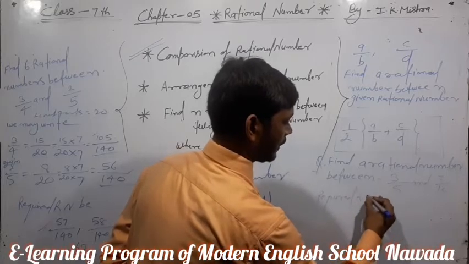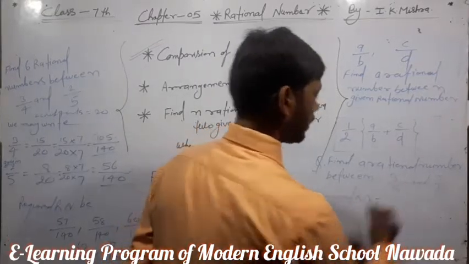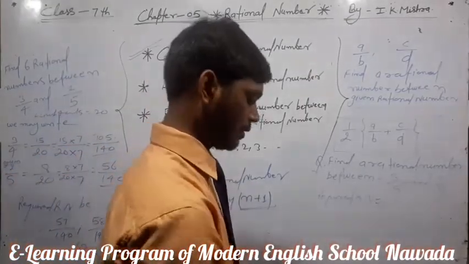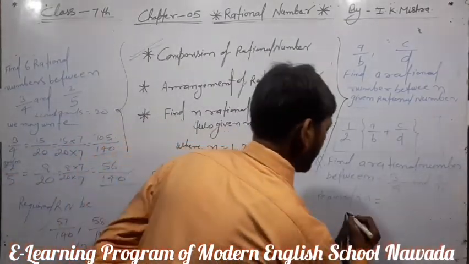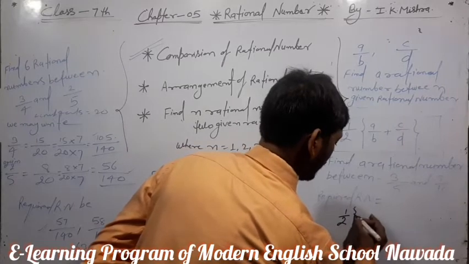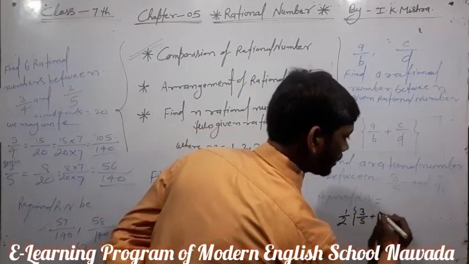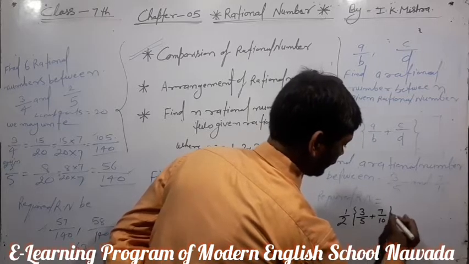Required rational number is equal to 1 by 2 into 3 by 5 plus 7 by 10.